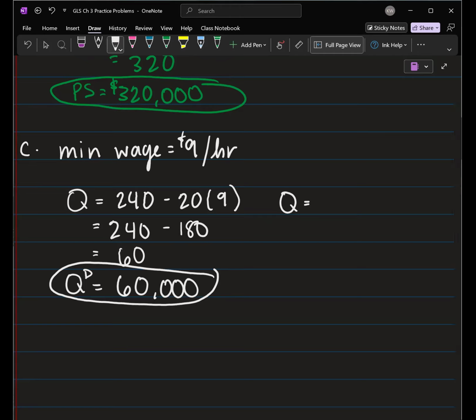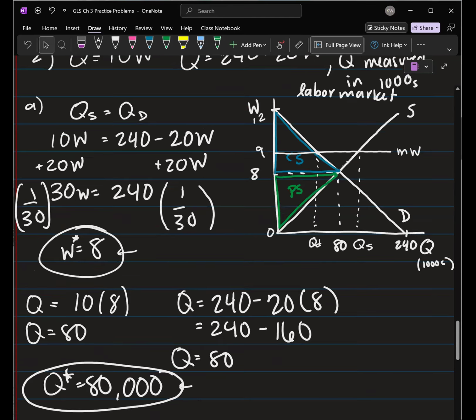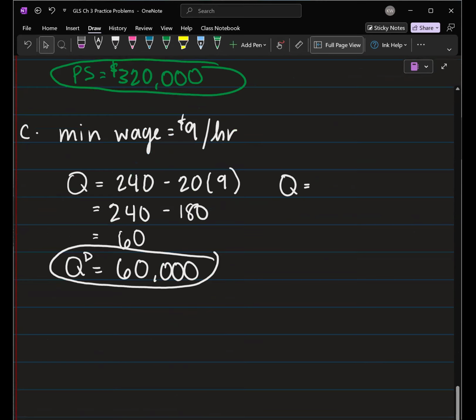For our supply side, we have quantity supplied equal to, let's check what that supply equation is again, 10 times the wage. With our minimum wage, that wage is $9. So quantity supplied is going to be equal to 90.